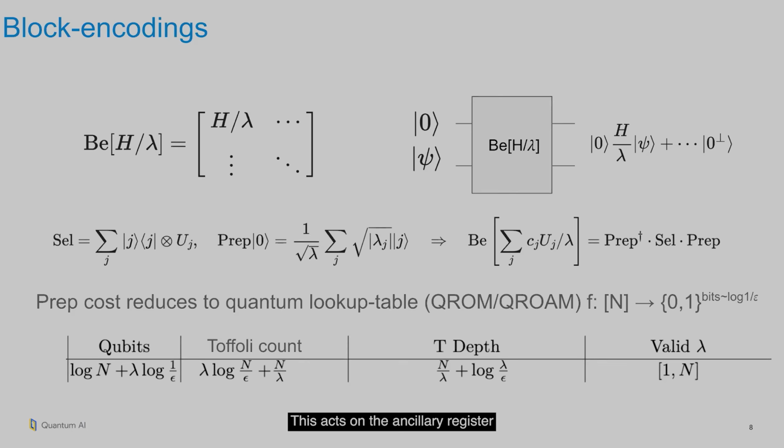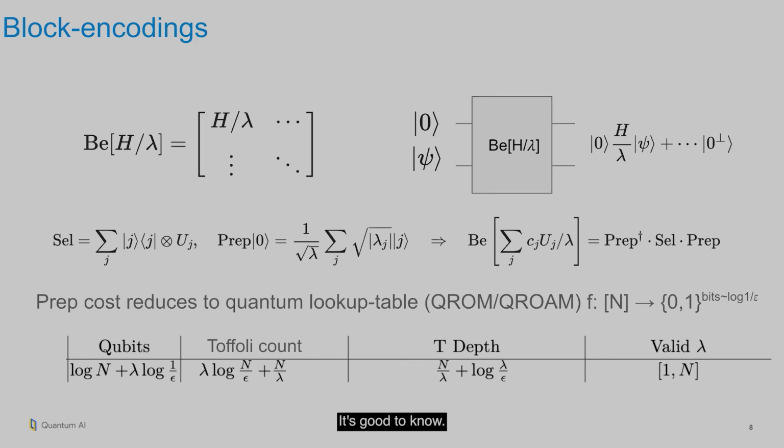This acts on the ancilla register, where it acts on the 0 state to prepare a superposition state over the indices J, where the coefficients are the coefficients of the different U's that you want to take the linear combination of. If you combine these circuit elements, prepare, select, prepare inverse, you have a recipe to block encode a linear combination of unitaries. And the normalization factor lambda is going to be the L1 norm of the coefficients. So this is what we'll use in a lot of our constructions.